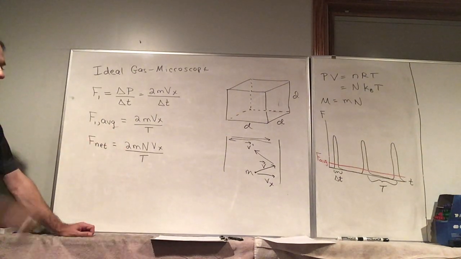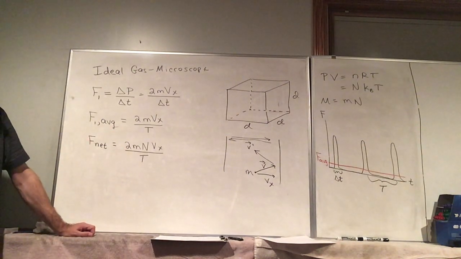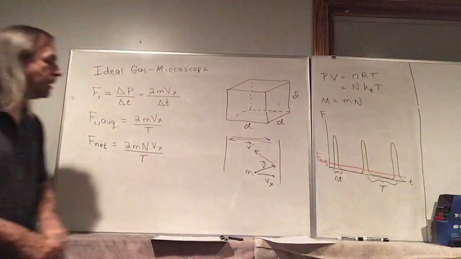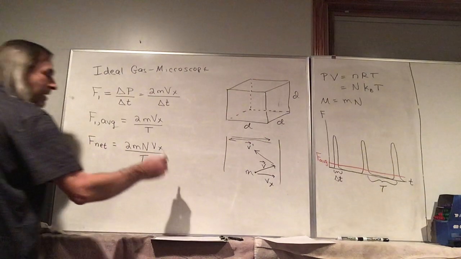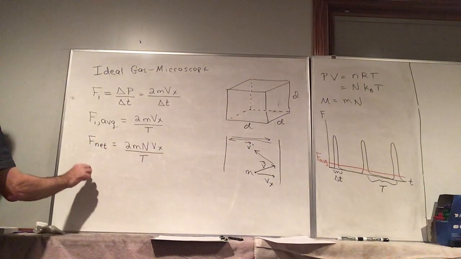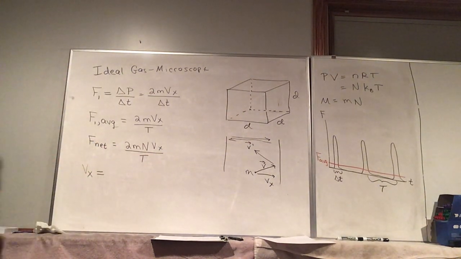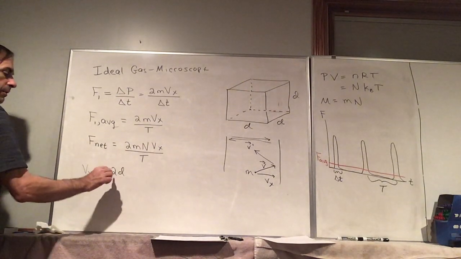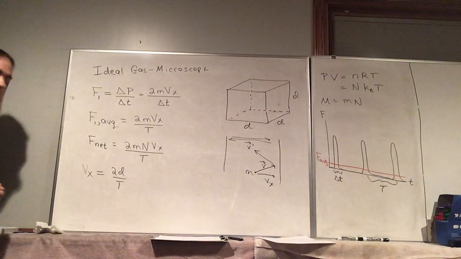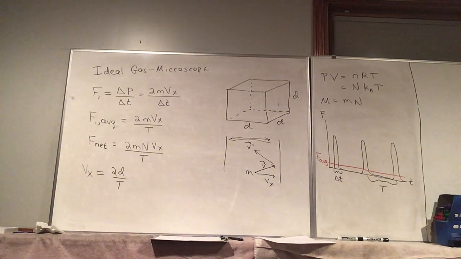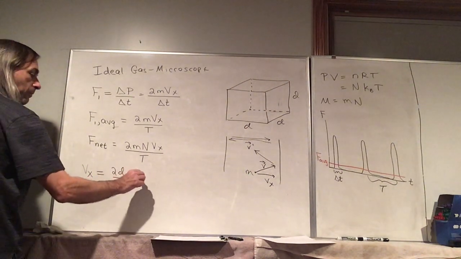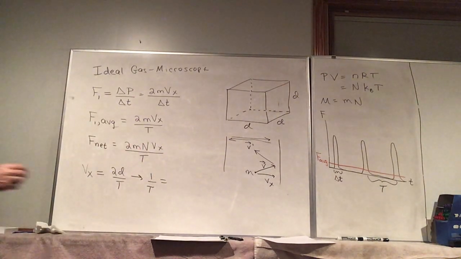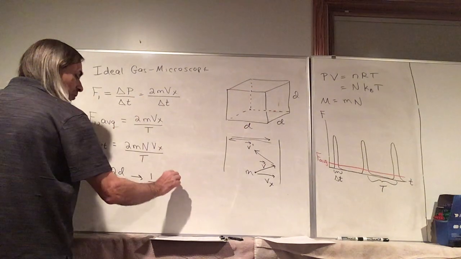The back and forth trip is horizontal. So look at the total distance traveled. Let's say the velocity in the x direction is the total distance traveled, which would be 2d, over the time it takes to do that, which we defined as capital T. So 1 over T is Vx over 2d.